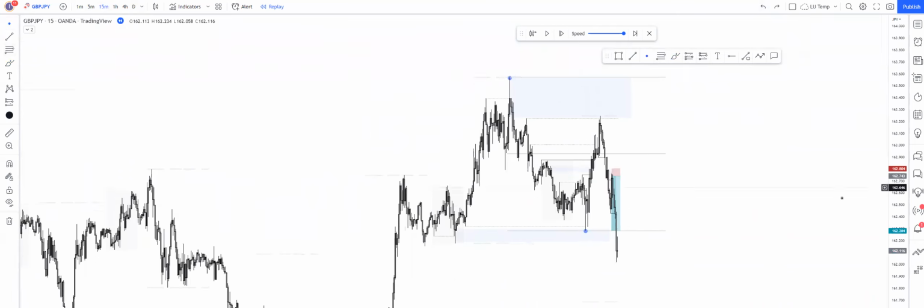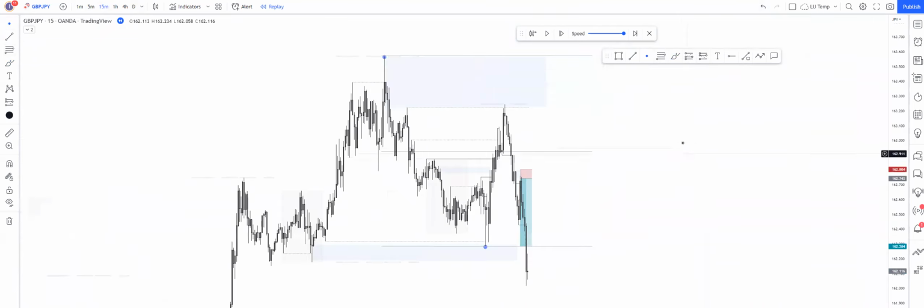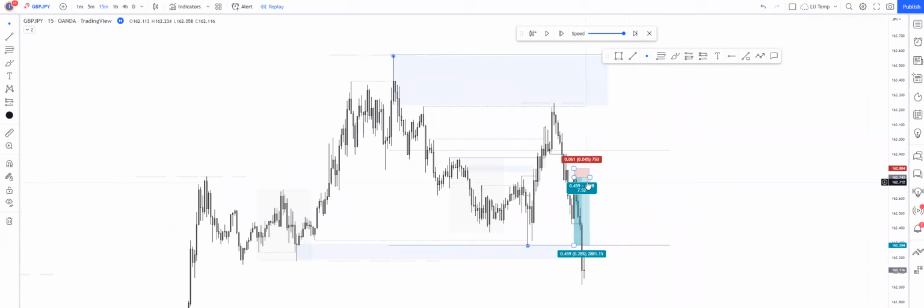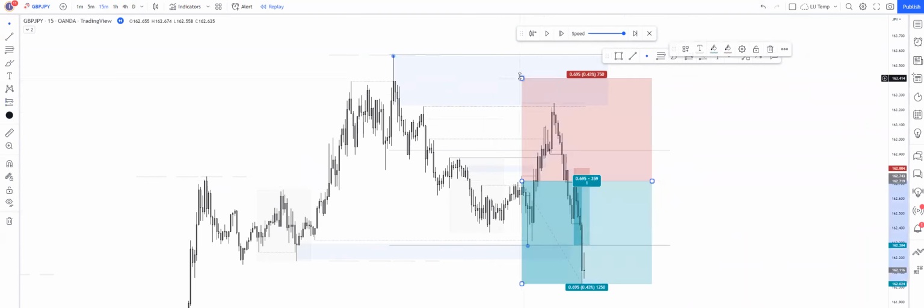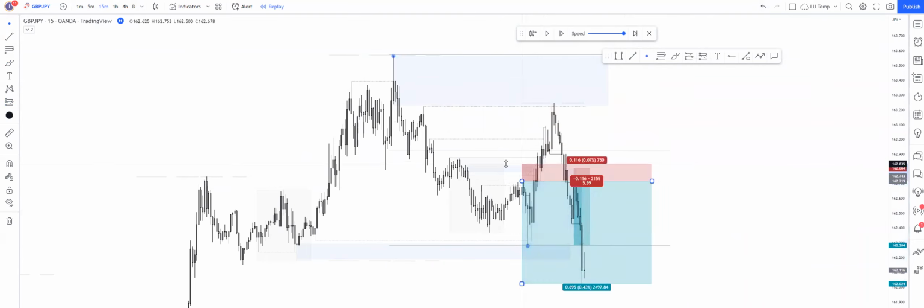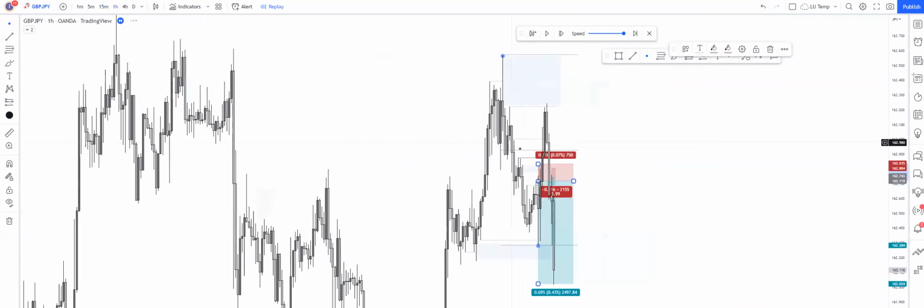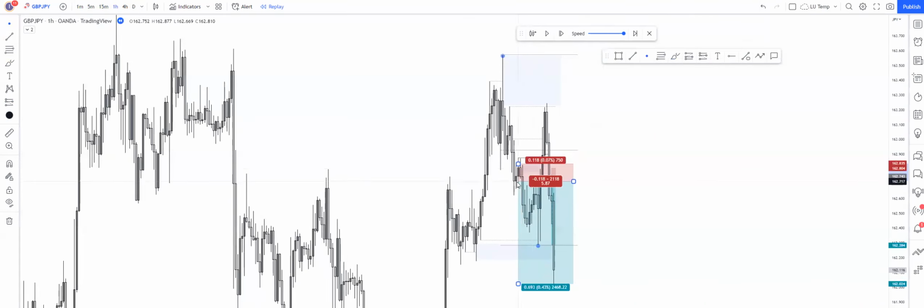Awesome. So the range cycle is complete. So we took two trades. We took the one here and the one here. I don't really remember, around here. Order block right there.